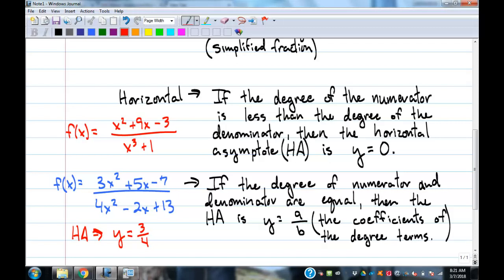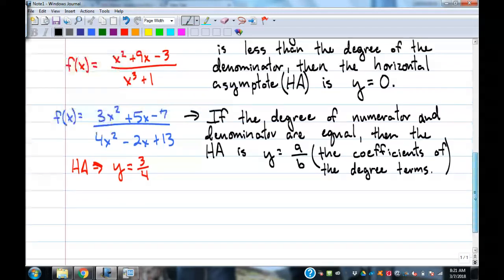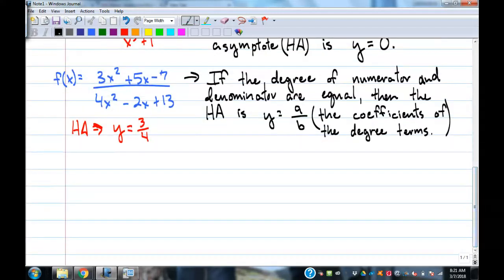Okay. Looking at the degree of numerator and denominator. The other type of asymptote that we can have is what's called an oblique asymptote. Some old school folks like Coach Mack would call it a slant asymptote.